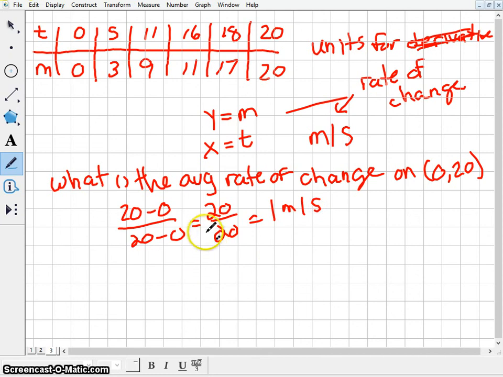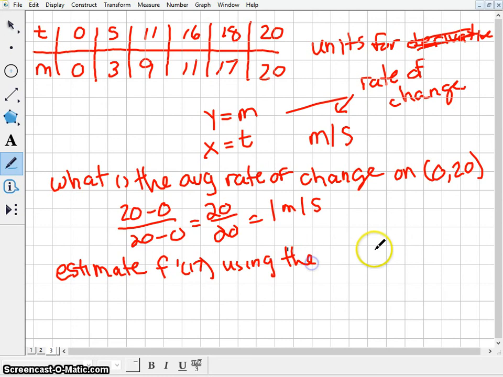Now, real quick, the other thing that we can look at as far as using the average rate of change, and this is what AP is more than likely going to throw at you, is they'll say something like, estimate f prime of 17 using the table. So we're seeing this f prime of 17, and we know that means derivative.